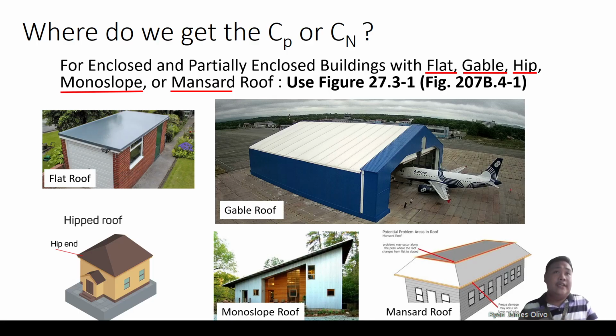We have there the GCpi, or the internal pressure coefficient, for the partially open building, and that is plus and minus 0.18, the same as the enclosed. For partially enclosed, it is plus and minus 0.55, while for open building, it is zero. Open buildings don't have internal pressure.